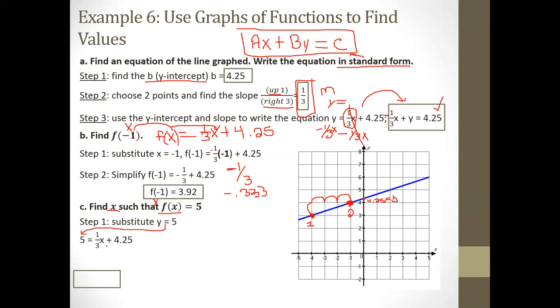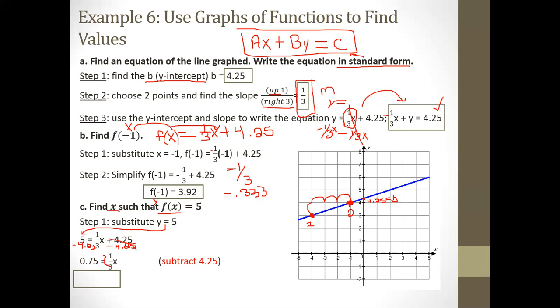Now we'll solve this equation by subtracting the 4.25 from both sides first. And when we do that, 5 minus 4.25 gives us 0.75 on the left equals 1/3 x. And now we'll take the reciprocal of this 1/3.